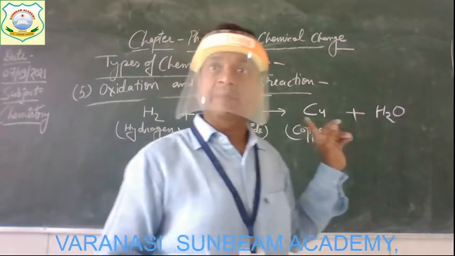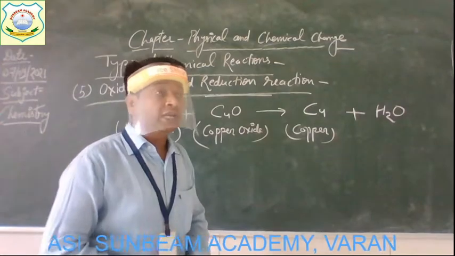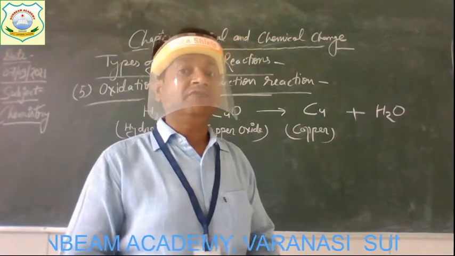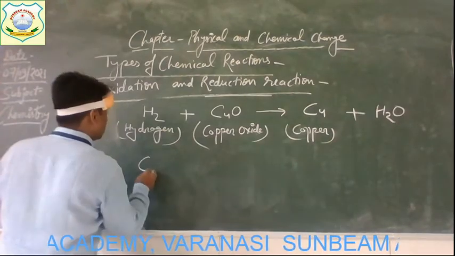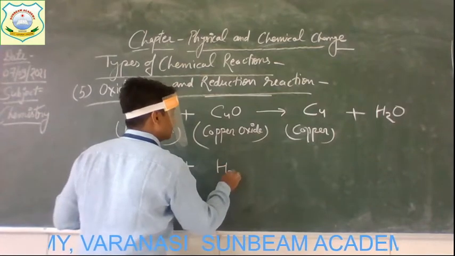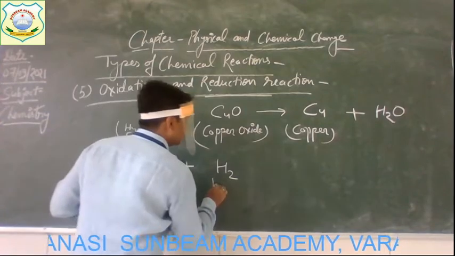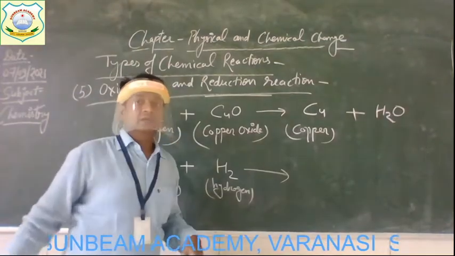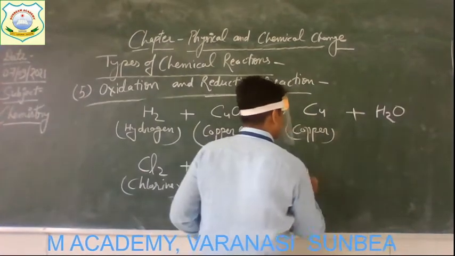Now take one more example. The second example: chlorine gas reacts with hydrogen in the presence of diffused light. When they both react together, hydrogen chloride forms.